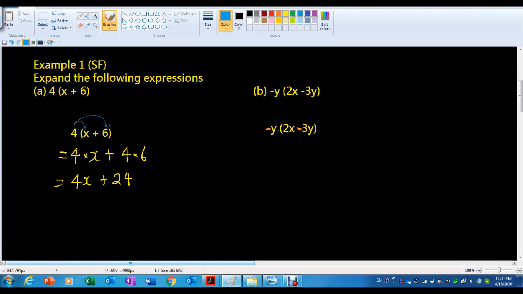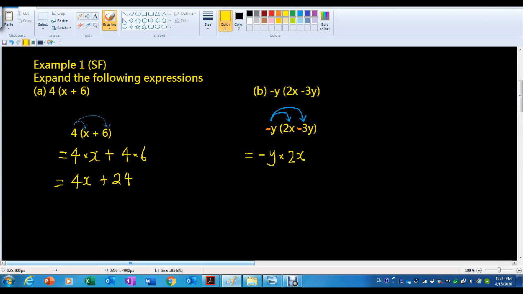You are still going to multiply minus y to the terms inside. Let's see how we could do it. First I'm going to multiply minus y times 2x. Then I'm going to multiply minus y to minus 3y. Be a bit careful here.